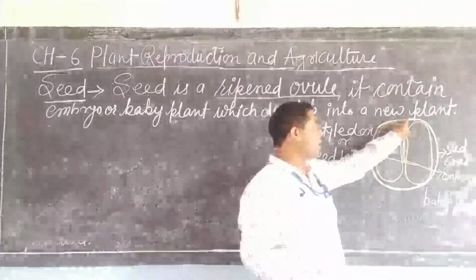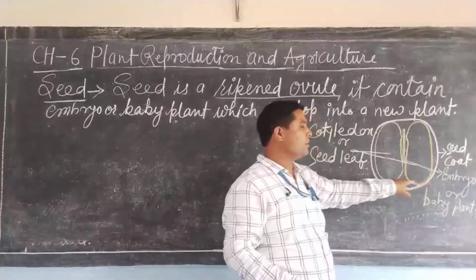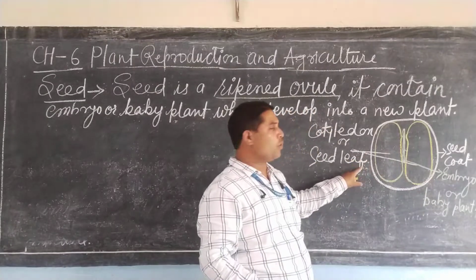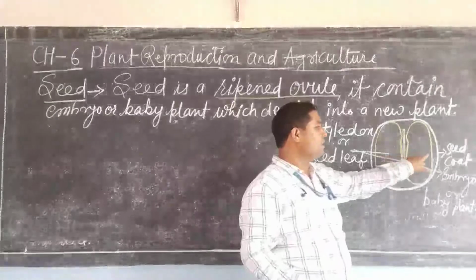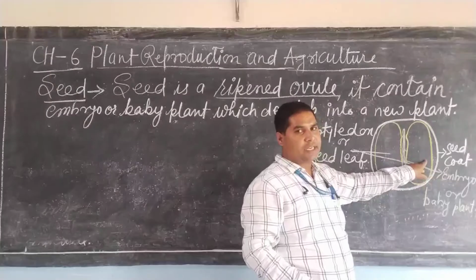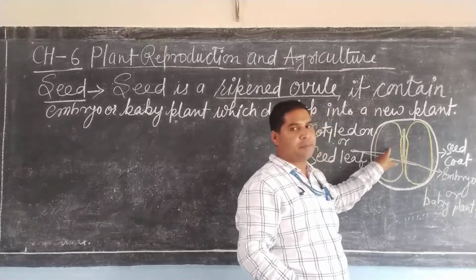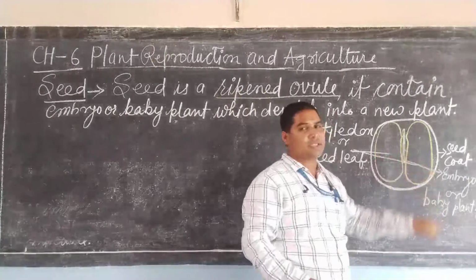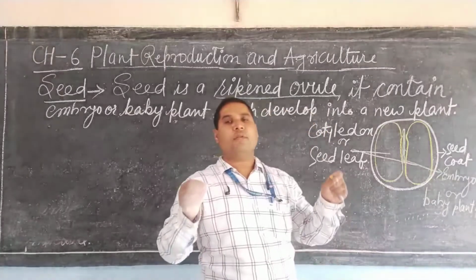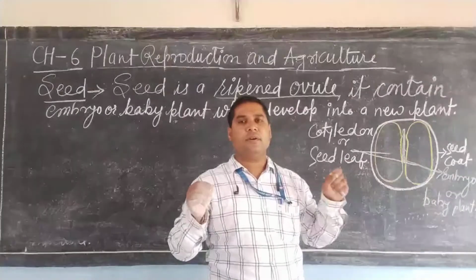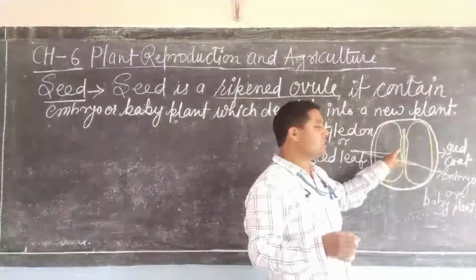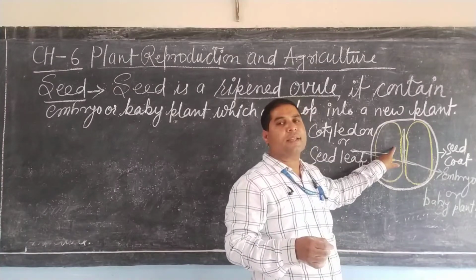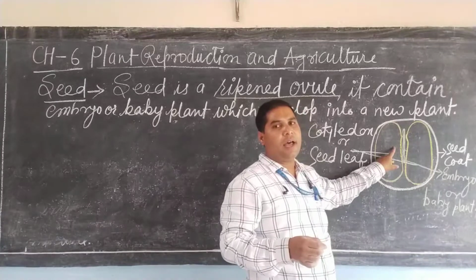Seed is externally covered by a seed coat, and internally in the dicotyledon two seed leaves are present, and their main function is to store food to nourish the baby plant or the embryo.